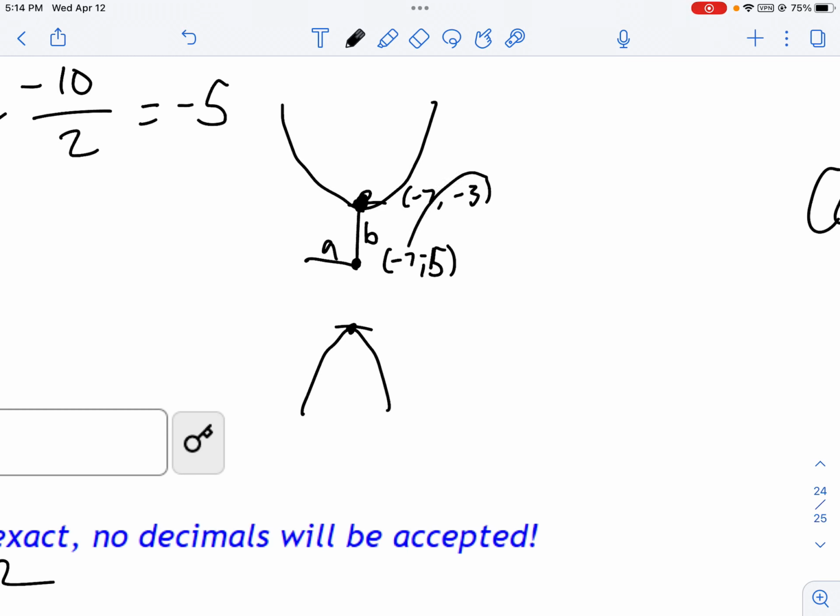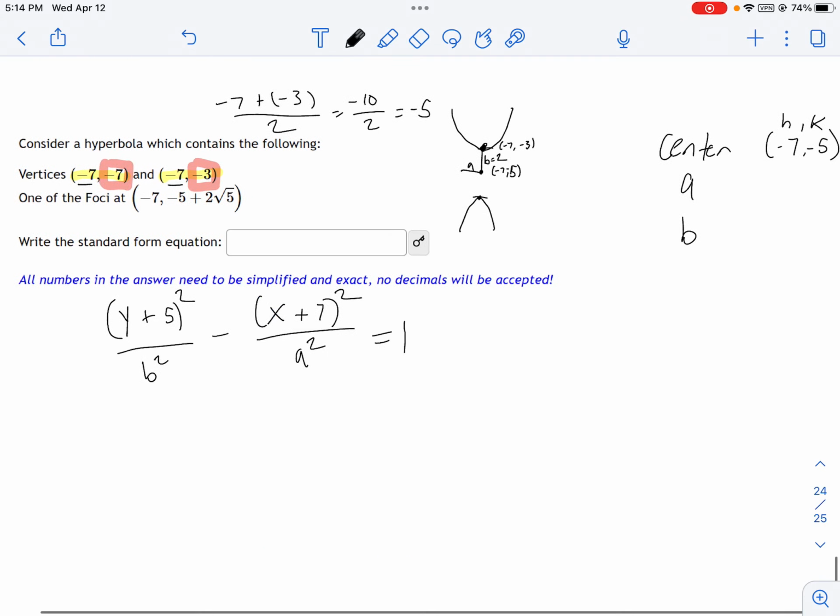Because how do you go from negative 5 to negative 3? What's the distance between those? 2, right? If you have negative 5, add 2, you get to negative 3. That means b is 2. Okay? So if we want to find b squared, we know our b value is 2, so if we square 2, we get 4. So, bam, 4.